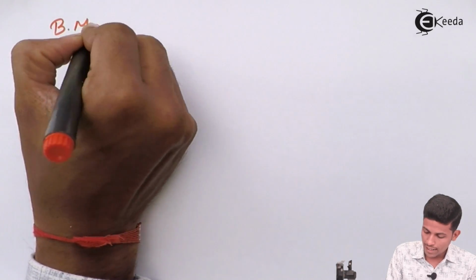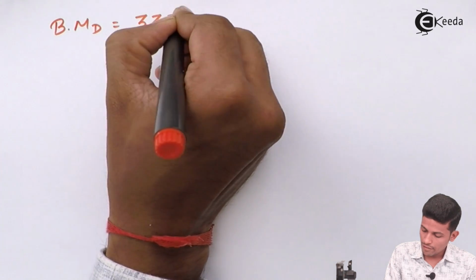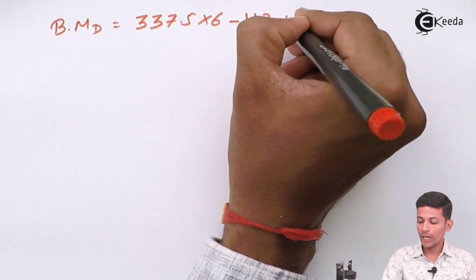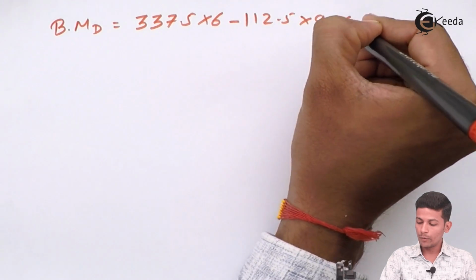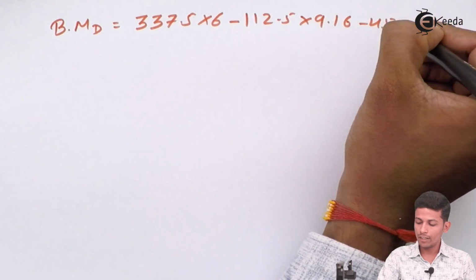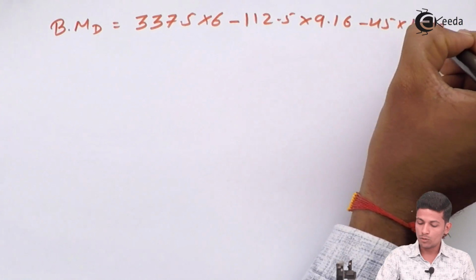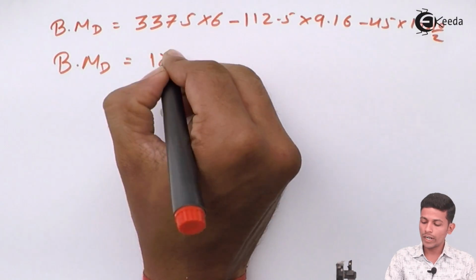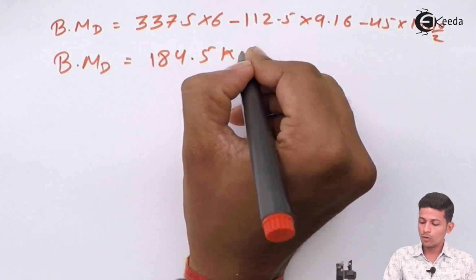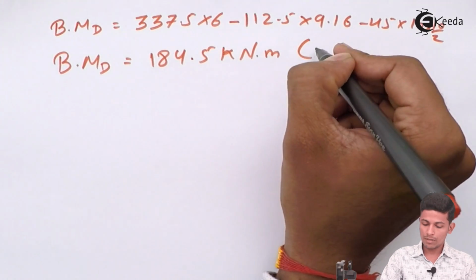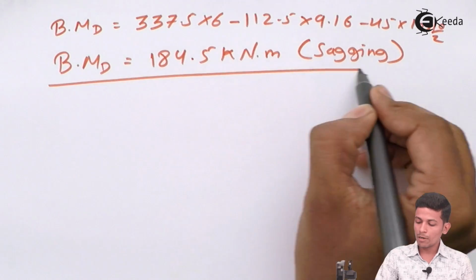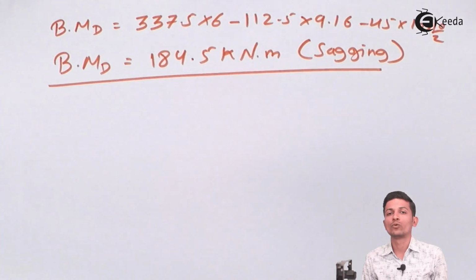Bending moment at D will be 337.5 into 6, then minus 112.5 into 9.16, minus 45 into 10 into 10 by 2. While solving this, you get the value of bending moment at D as 184.5 kilonewton meter. It's nothing but sagging. Now see, this will be our maximum positive bending moment also over here.